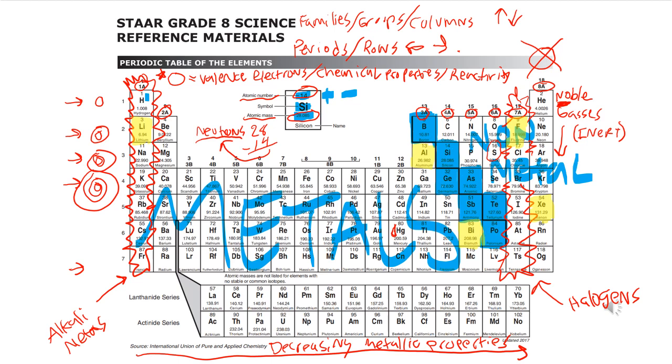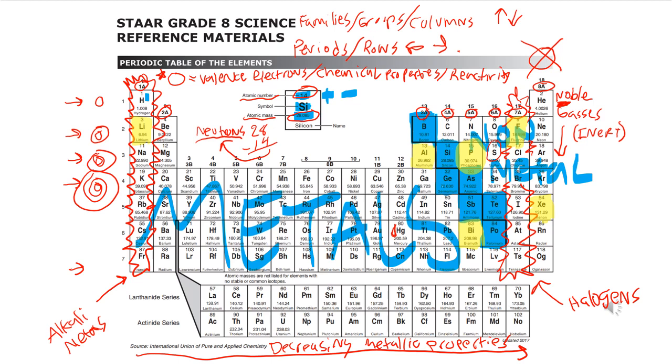The question says, which of these elements chemically behaves or has the same chemical properties as a phosphorus atom, which is right here? That's how they test you on these questions.